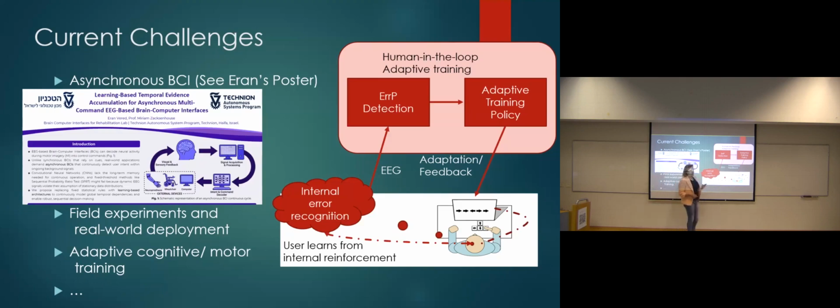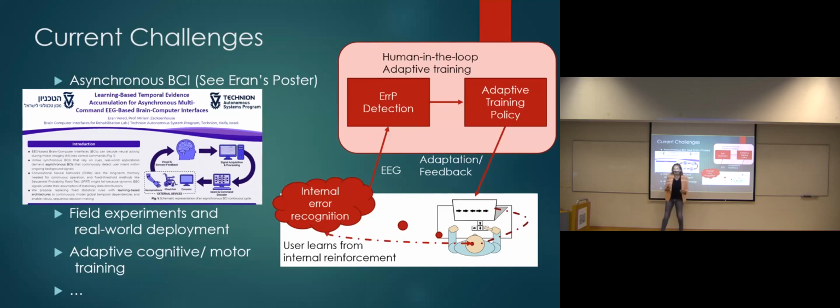When the person makes errors, it's very interesting that not only when he observes an error, but also when the person makes errors, there is error-related processing in the brain. It's like sometimes we are doing something and we have a gut feeling that we did it wrong. If this gut feeling is involved, then we have better error processing and cognition in the brain. And if this signal occurs, then the person can learn by himself.